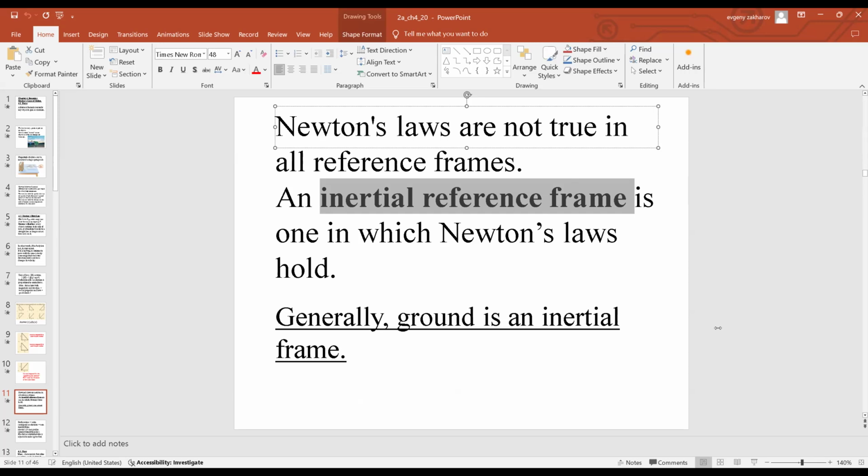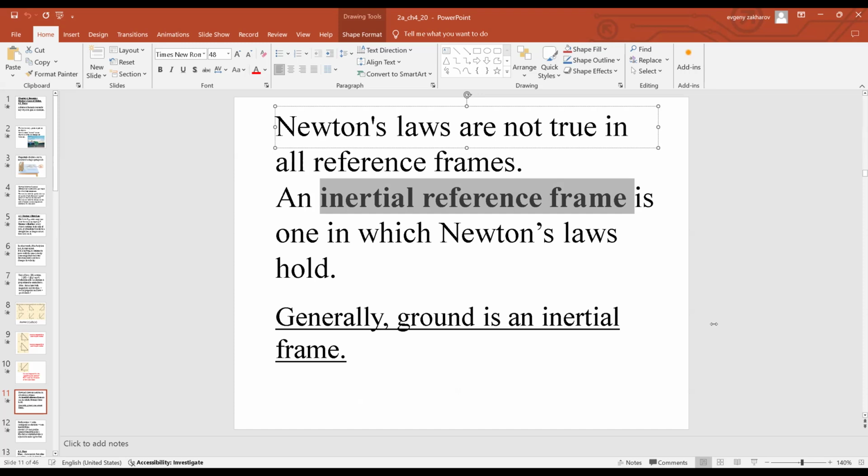cannot accelerate, okay? Your reference frame might be just still, just not moving at all. Your reference frame can actually move with constant velocity. That means the same direction and same magnitude, and no change.